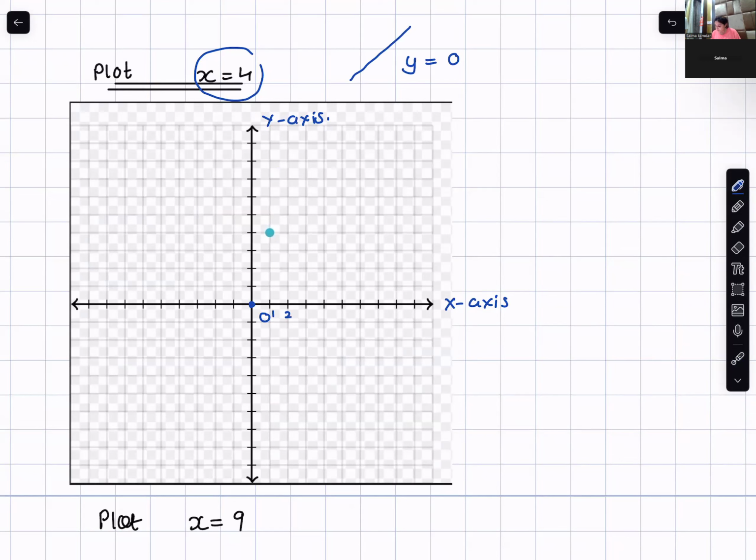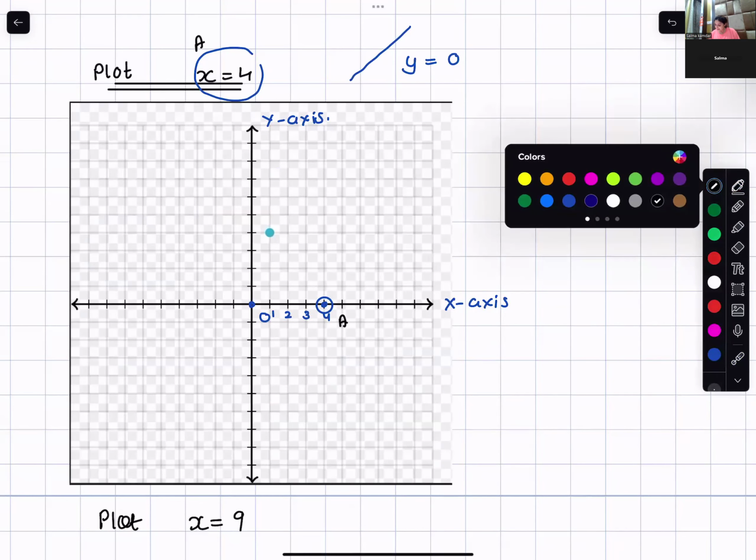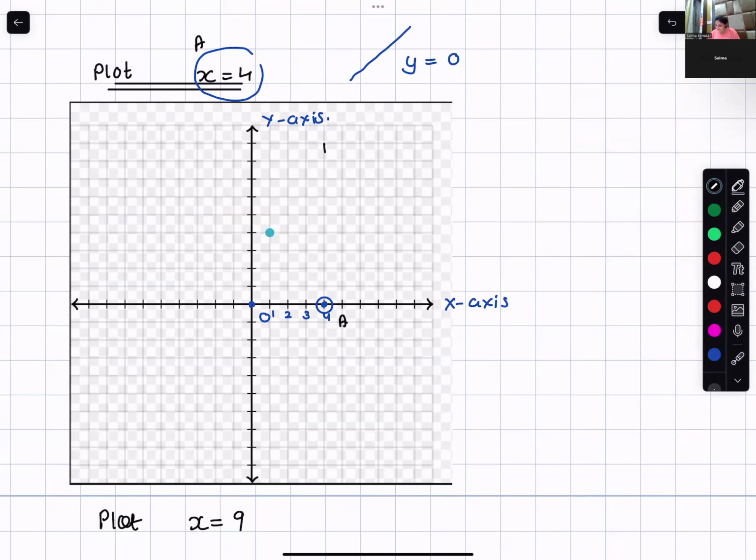X equal to 4: 1, 2, 3, and 4. If I have to plot it, I would name this point A and I can draw the line.